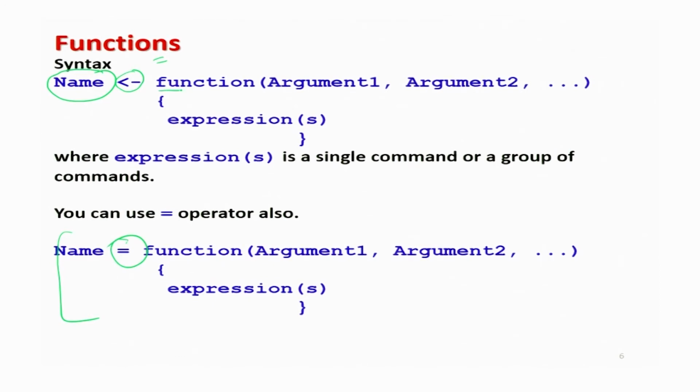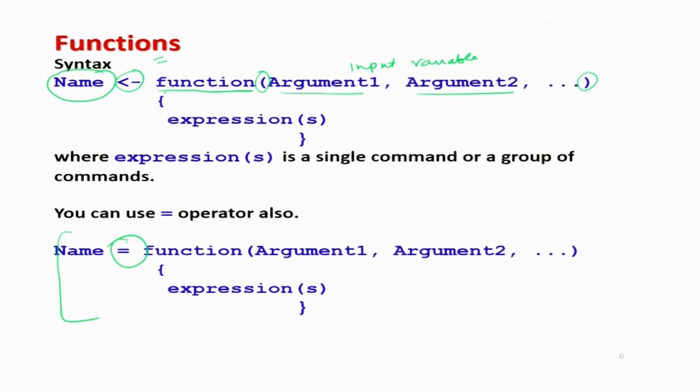After that you have to write function, in lowercase letters, and then within the parentheses, within the arguments, you have to give all the input variables. You have to write the list of all the input variables which are required to execute the syntax and commands that you are going to write further. So, argument 1, argument 2, they are the names of the input variables. I am trying to indicate it like this.